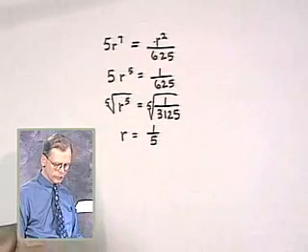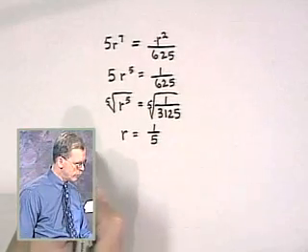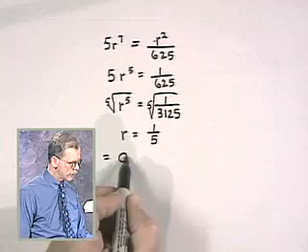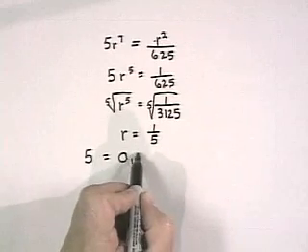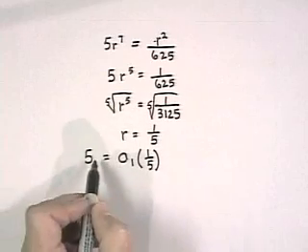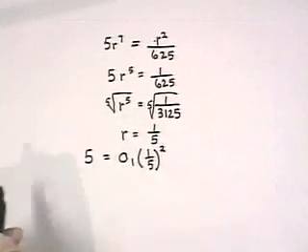To finish, we need to take the 5th root of both sides, and that will give us r equals 1/5. If r is 1/5, we can go back and say we knew that 5 was a1 times our r, 1/5, and that was our a3, so this is squared.